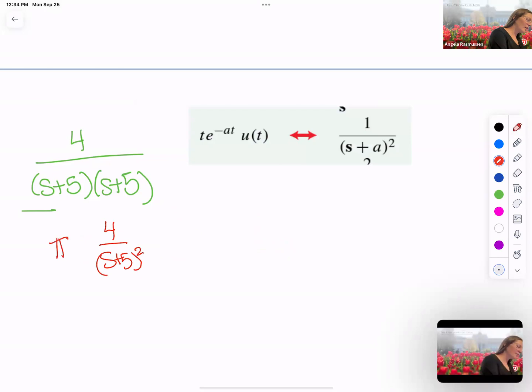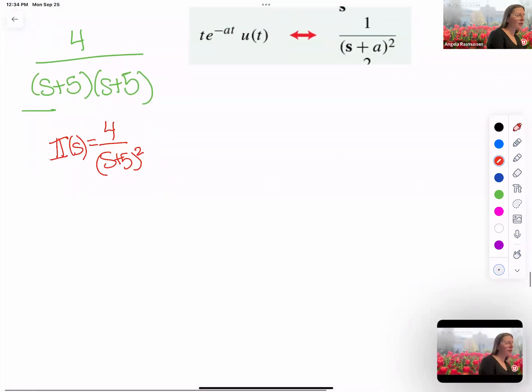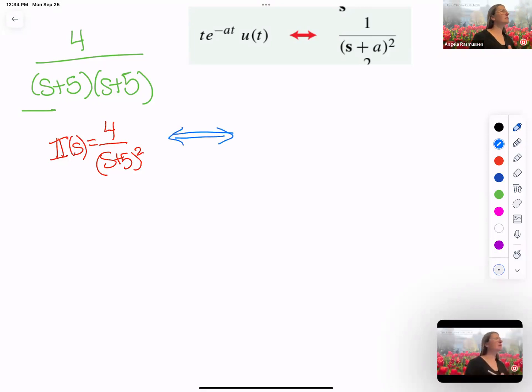And so this is our I of s. We want to now go to the time domain from this. What does that look like using this transform? So we have 4. The table doesn't have 4 in there. So what happens to the 4? It's multiplied out. We just use that constant out.